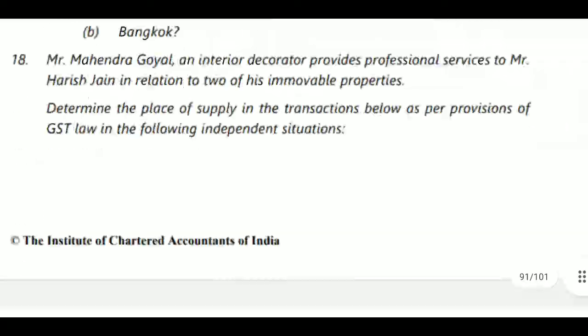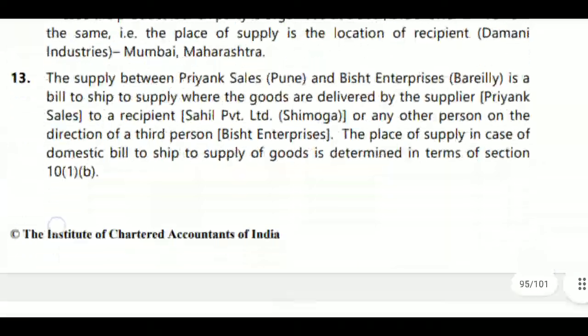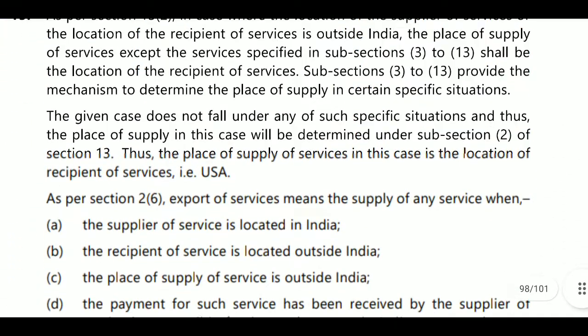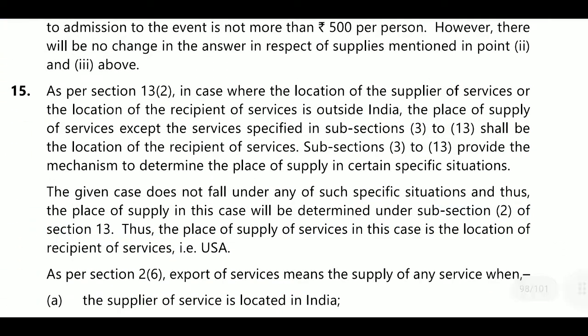Now, for question number 15, what answer will be provided? As per section 13, we take it where one person is located outside India and it is a service condition.